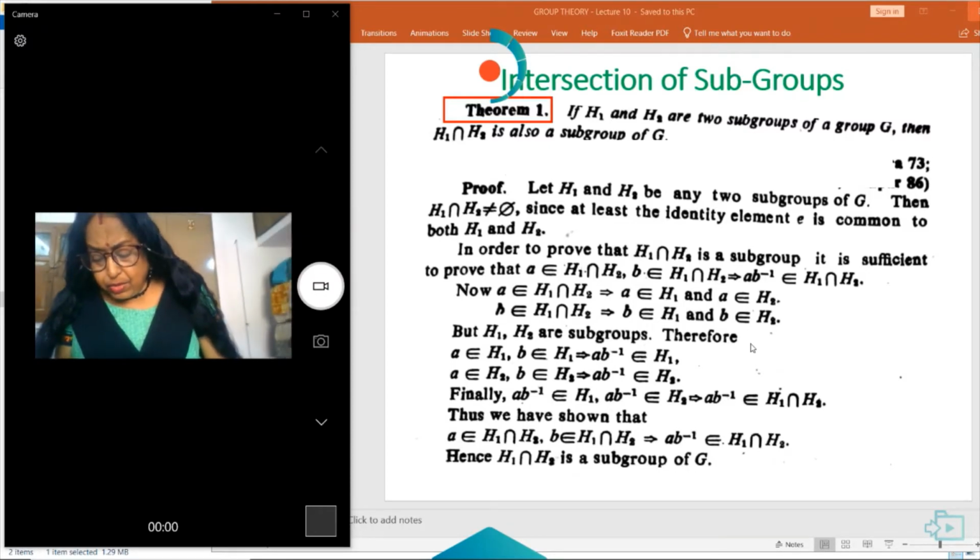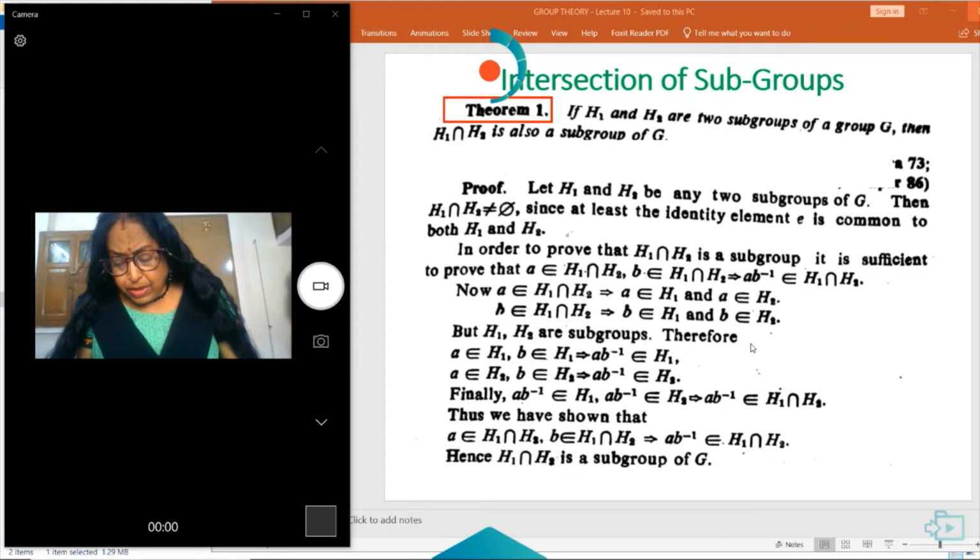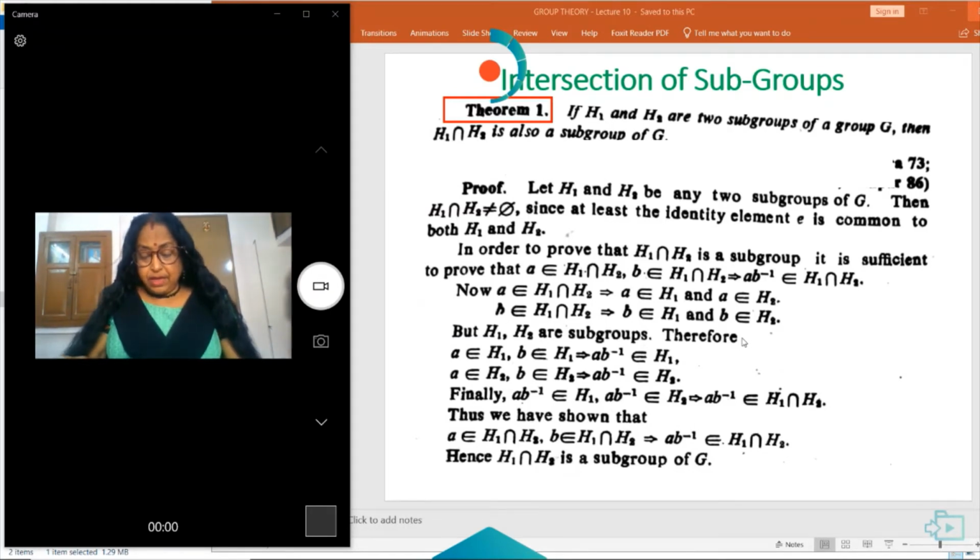Now A belongs to H2 and B belongs to H2 implies that AB inverse belongs to H2. This is the necessary condition. Now, A belongs to H1 intersection H2, B belongs to H1 intersection H2, that is, AB inverse belongs to H1 intersection H2. Hence, H1 intersection H2 is a subgroup of G.